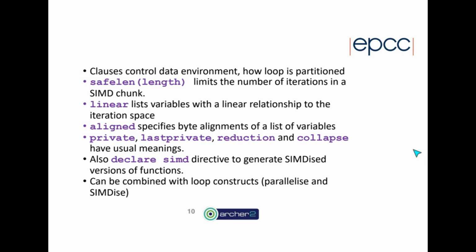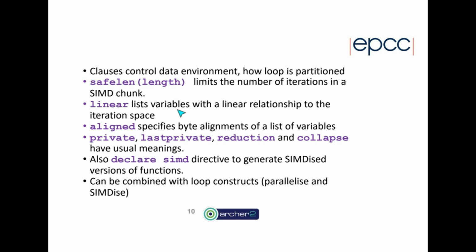Okay, so there's various clauses which control the data environment and how the loop is partitioned and so on. In particular, things you can specify are a safe length, which puts an upper bound on the number of iterations in a SIMD chunk. One of the common obstacles to vectorization that compilers find difficult to deal with are so-called induction variables, variables which are incremented by a constant amount in every iteration.